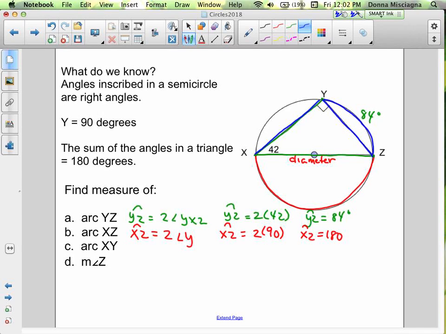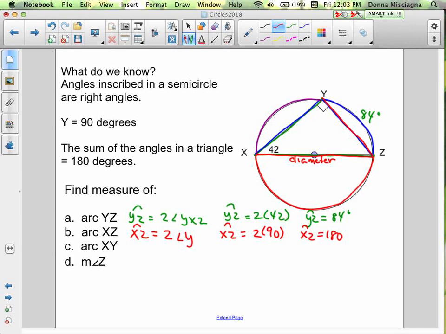Arc XY. All right, so XY is over here. I'll outline it in purple. We have 2 ways of finding this. Notice we now have every angle accounted for, so we could use the fact that it's the last arc in the circle, or we could follow the angle back.